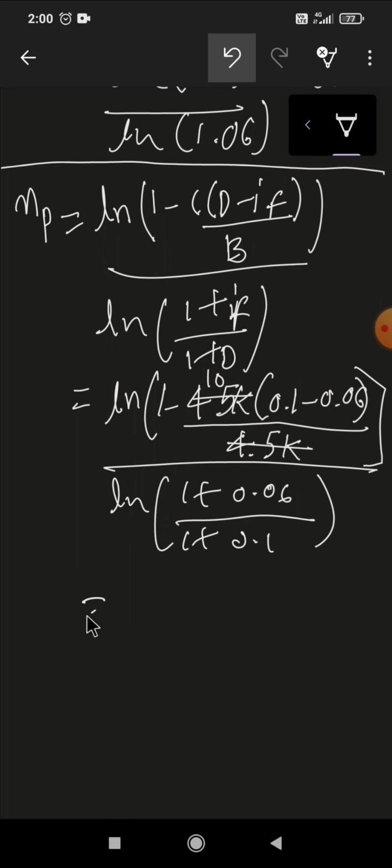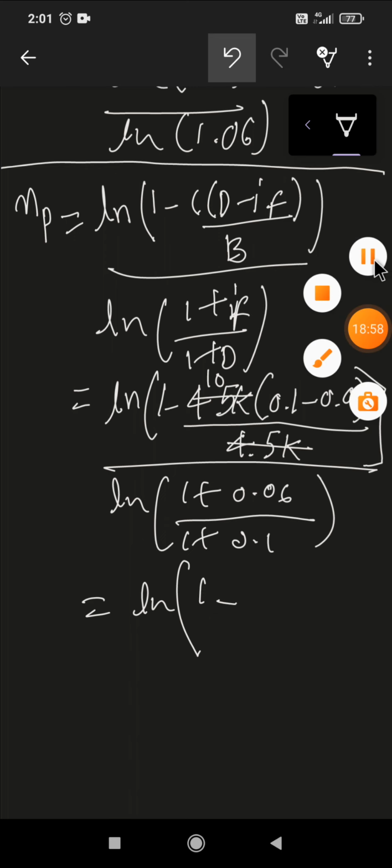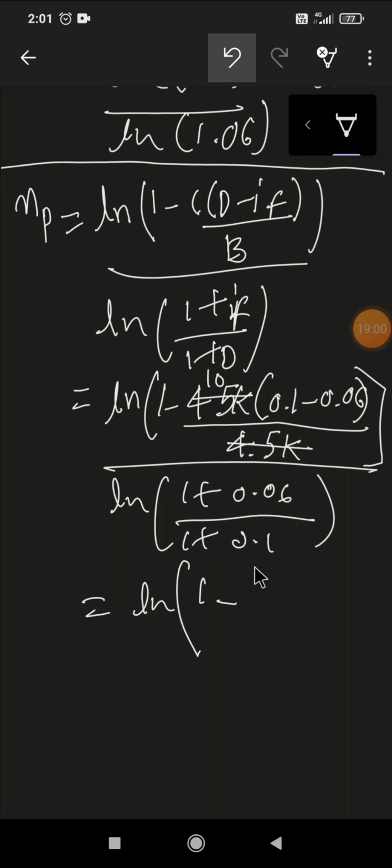So ln of 1 minus, now 0.1 minus 0.06 is 0.04, so 10 into 0.04 is 0.4. So 1 minus 0.4 is 0.6.